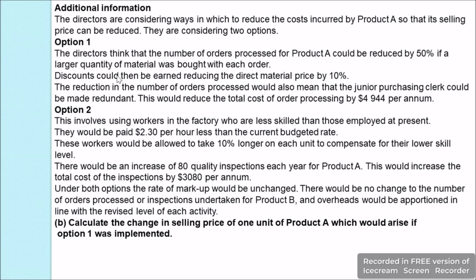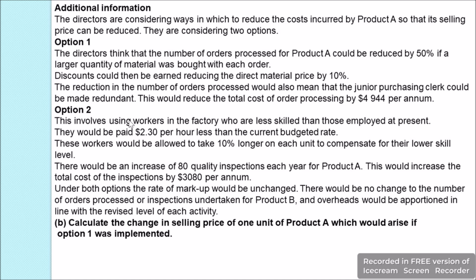Discounts could then be earned, reducing the direct material price by 10%. The reduction in the number of orders processed would also mean that the junior purchasing clerk could be made redundant. This would reduce the total cost of order processing by $4,944 per annum.